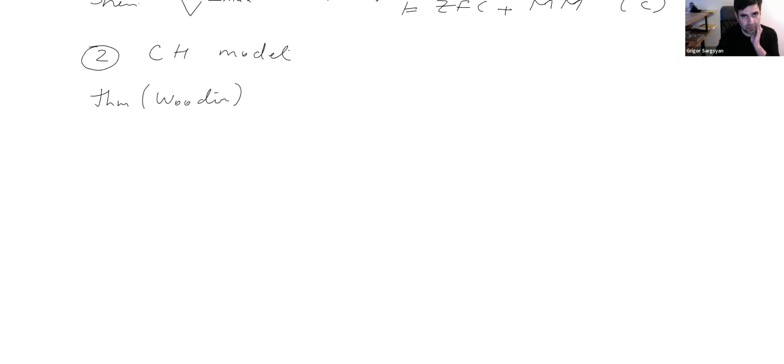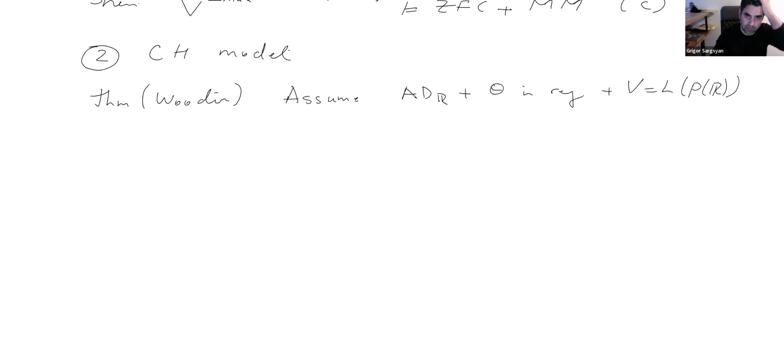All right, so the CH model is again due to Woodin. Assume the same: AD_R plus theta is regular plus V equals L(P(R)). So you only build over the power set of reals, right? Then, now it's the CH model, so we have to well order the reals in length omega-1, right? And then you add, again, a club subset to, in both cases, we're really just adding a club subset to what used to be theta.